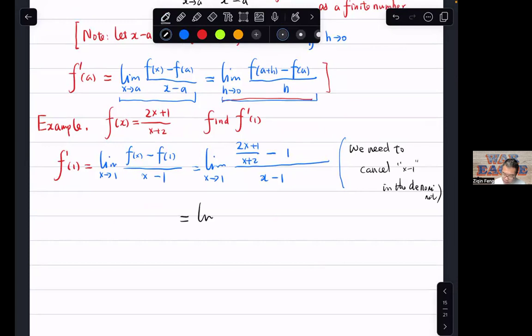We just use algebra. We want to factor x minus 1 out of the numerator, starting from taking the common denominator. So this is 2x plus 1 minus x plus 2.